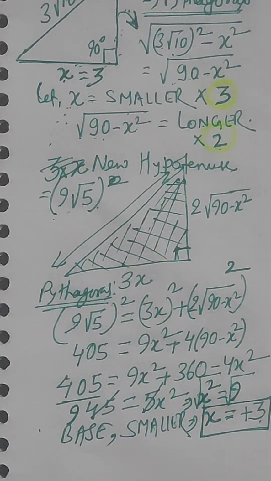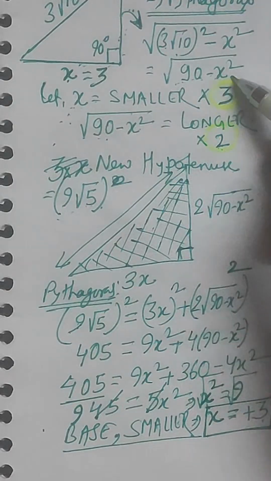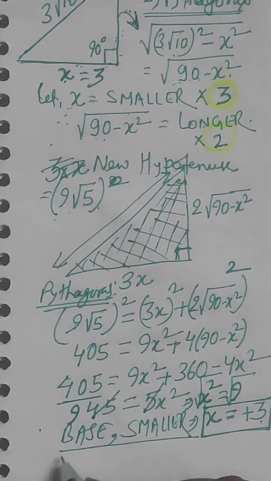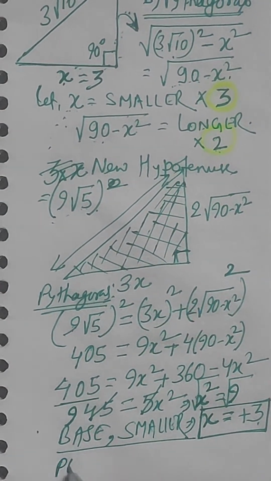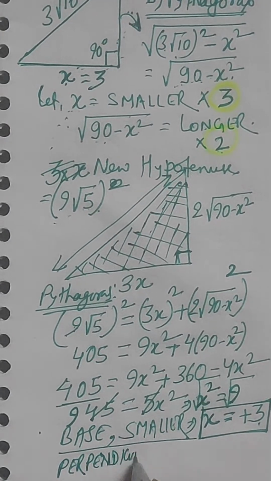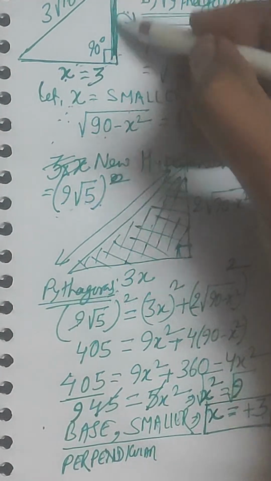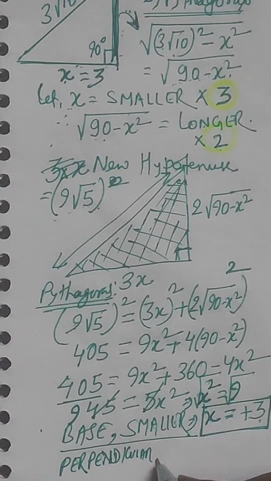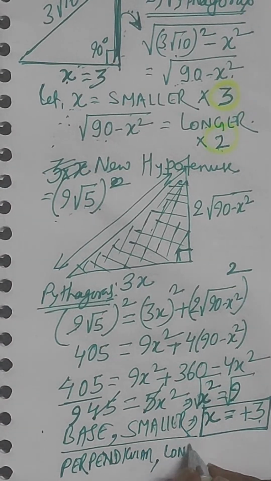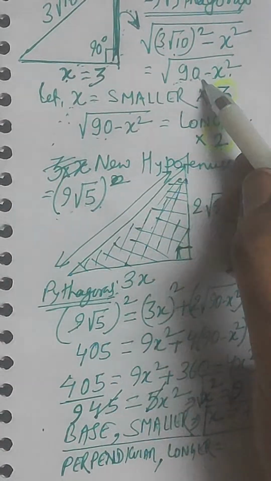So this is the smaller side, and for the bigger one, root over 90 minus x square. So the perpendicular, this side I'm saying, this is the bigger or longer one, whose length is root over 90 minus x square.